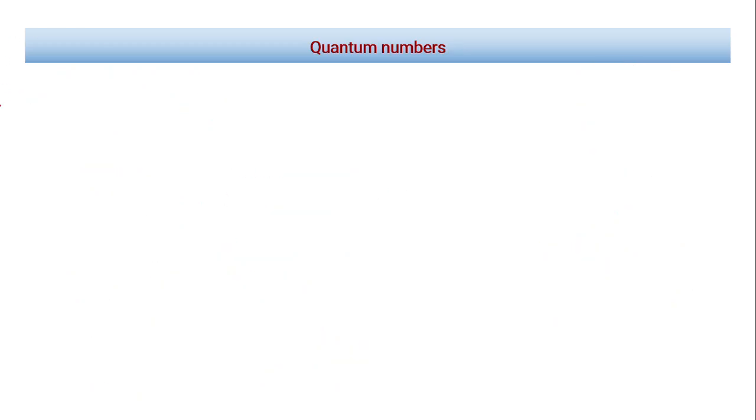So the next quantum number is the magnetic quantum number, which we represent by small m. We also have something known as spin quantum number.